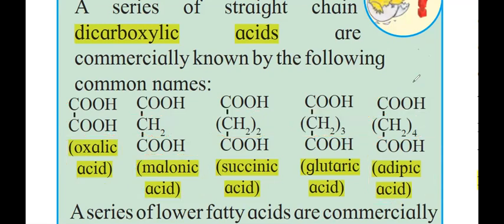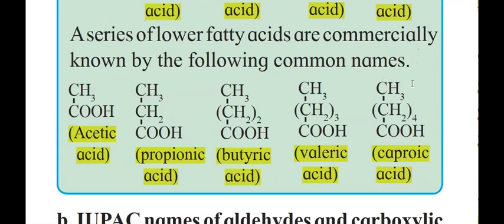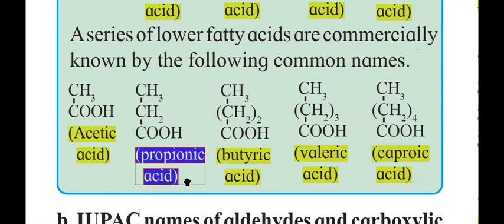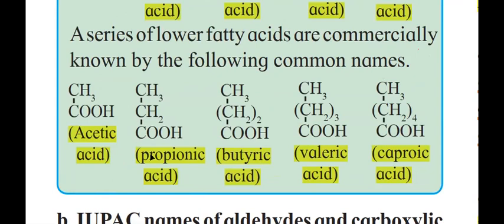Another thing, a series of lower fatty acids are commercially known by the following names. Lower fatty acids means they contain only one COOH group. We have seen that in the table. Acetic acid, propionic acid, butyric, valeric, and caproic. Valeric and caproic are the new names we have seen.